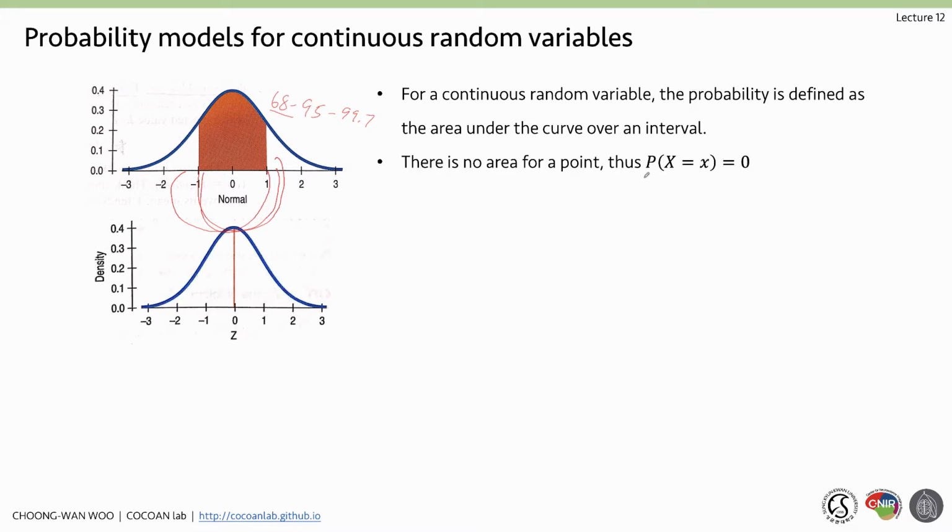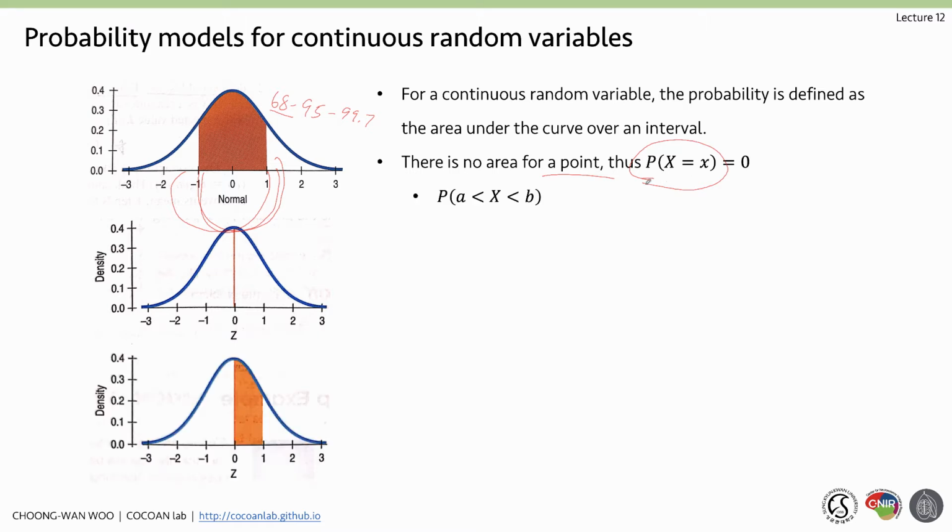And there's no area for a point, and therefore P(X = x) equals 0. So this is quite different from discrete values. We can only define the probability using an interval, for example a and b, and we call P(X less than x) the cumulative probability.